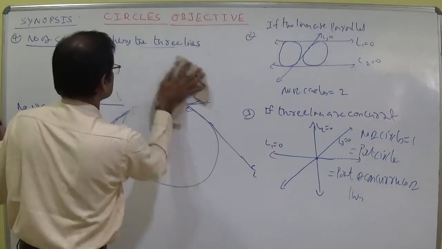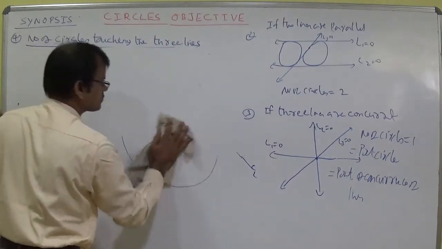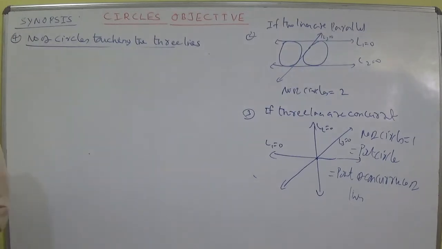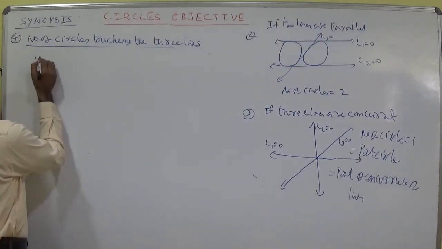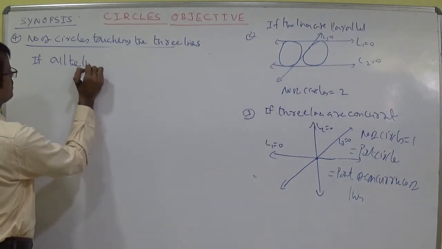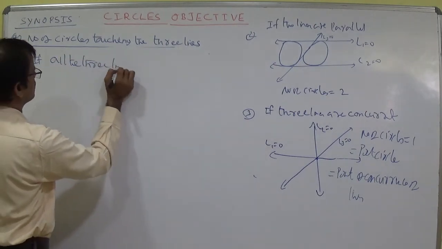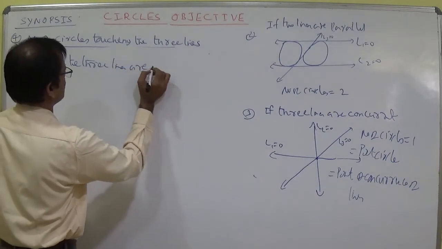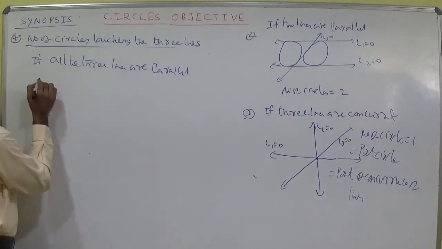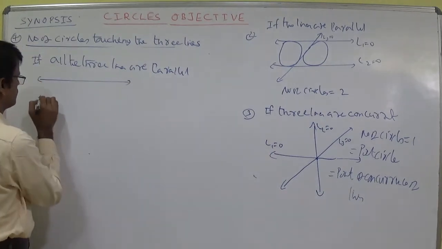If all the three lines are parallel, then there will be no circle. Draw like this.